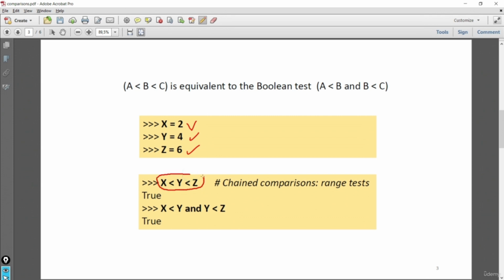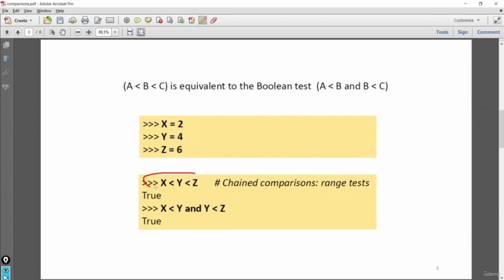This is chain comparison. First, x smaller than y is evaluated, then y is smaller than z is evaluated, and the results are ANDed. If both results are true, the result of the chain comparison is also true.